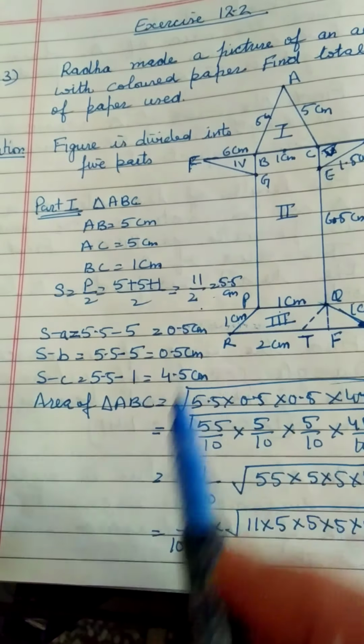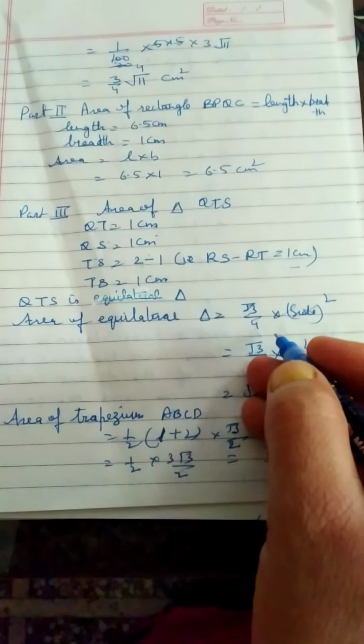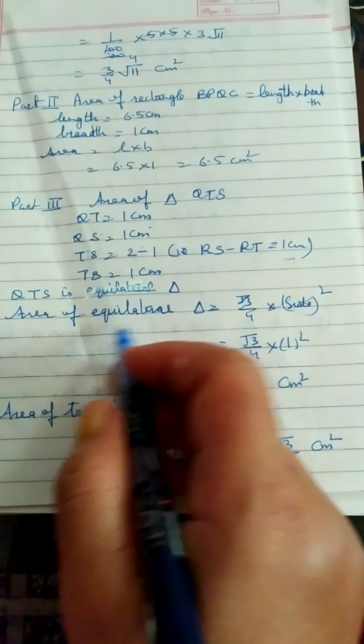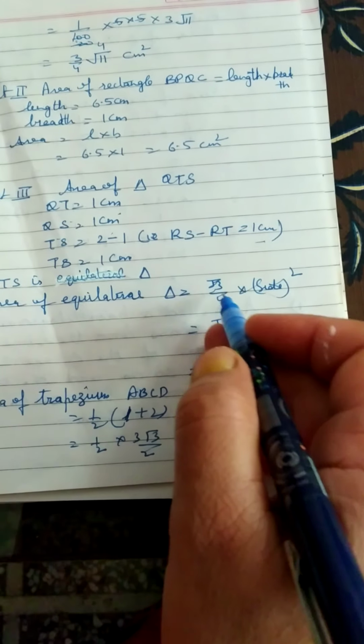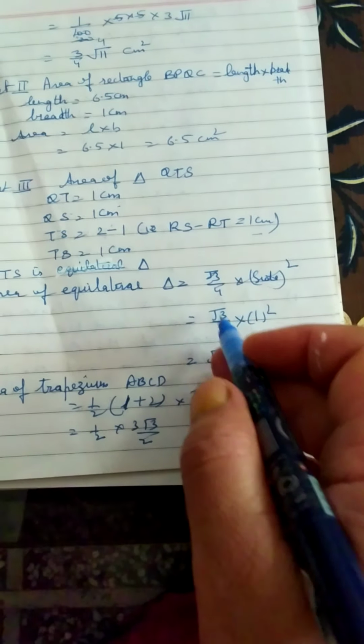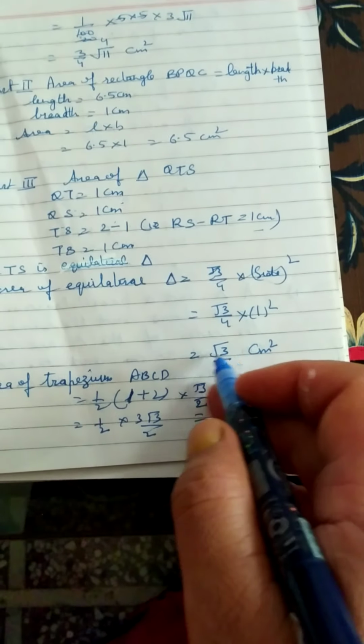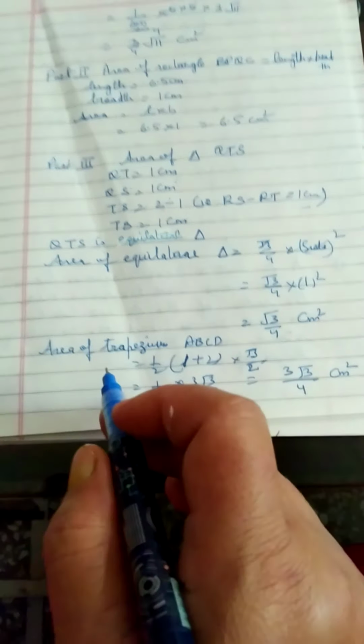Then QTS is an equilateral triangle. Area of equilateral triangle is square root 3 by 4 into side square. That we had done yesterday in the questions, how to find the area of equilateral triangle. Square root 3 by 4 side is 1, then it is square root 3 by 4 centimeter square.